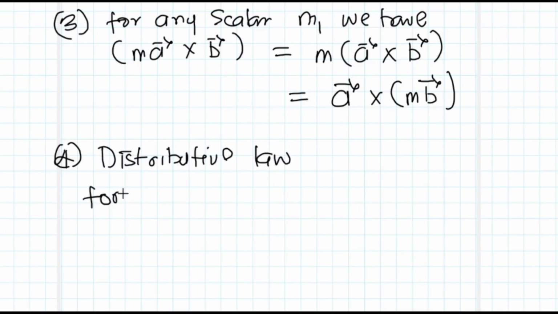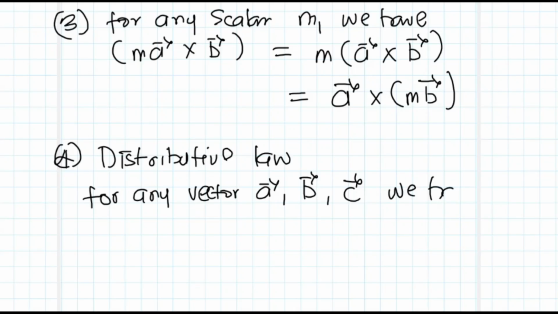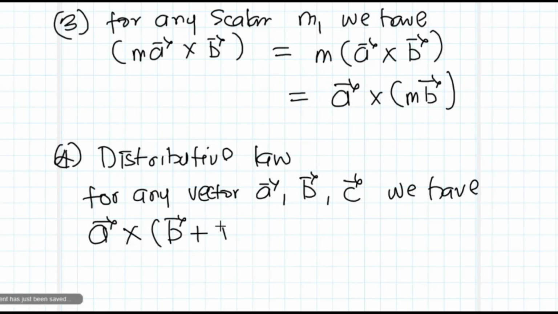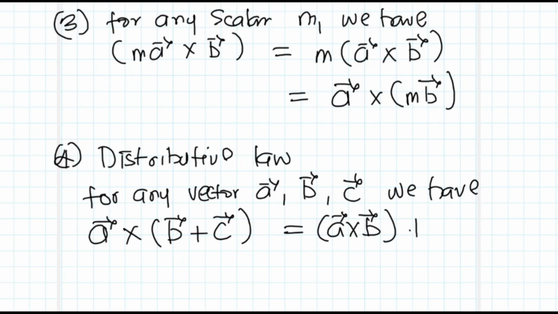For any vectors A, B, C, we have that A cross B plus C equals A cross B plus A cross C. So the vector product obeys the distributive law, and we can always apply this property when we are multiplying a vector product.